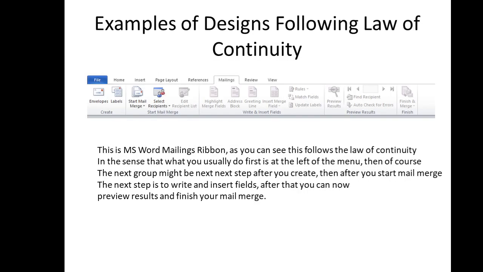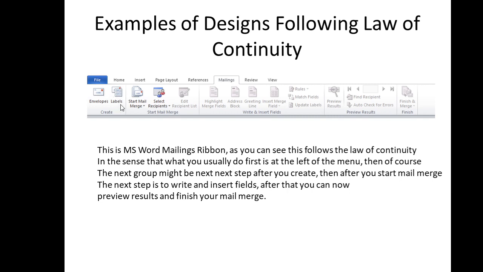So here's another example of following the law of continuity. This is actually in MS Word. This is the MS Word mailing ribbon. As you can see, this follows the law of continuity in the sense that what you usually do first is at the left of the menu.